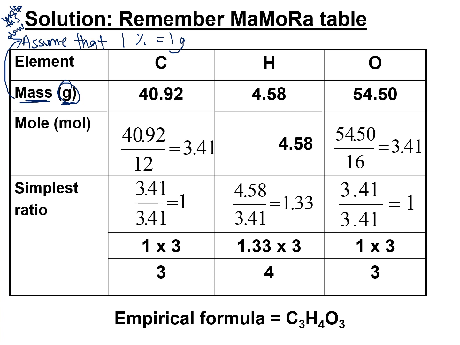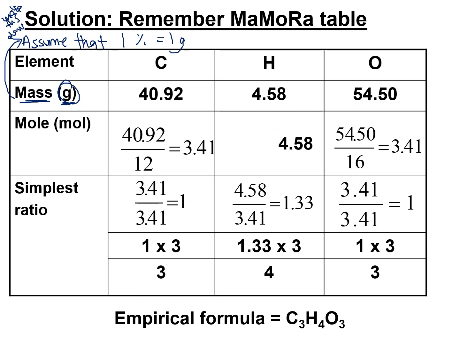Okay, tadi dia bagi tahu percentage composition of carbon adalah 40.92% because kita dah buat assumption, makanya dia adalah 40.92 gram. Hydrogen pula ialah 4.58, oksigen adalah 54.50.